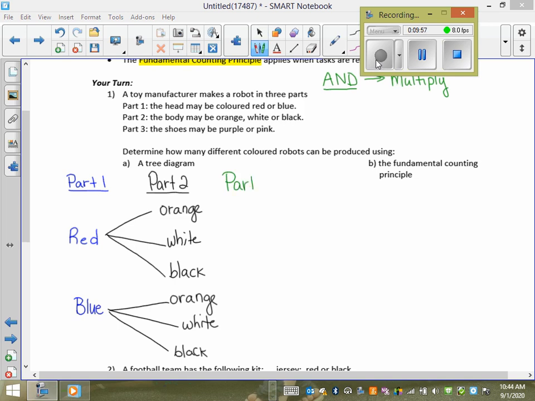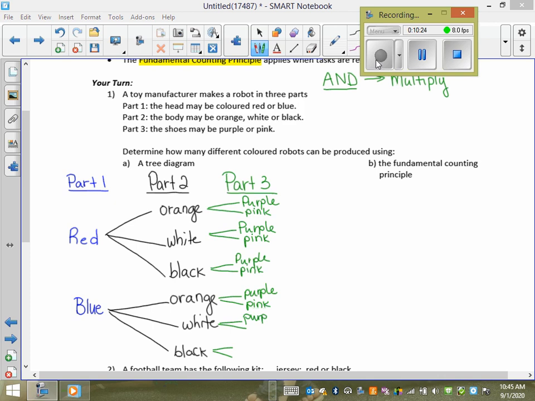And off of each of these, we have purple and pink. So instead of 6, we actually have 12, right?